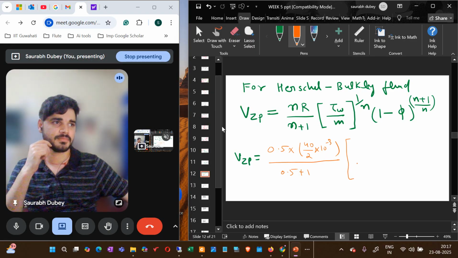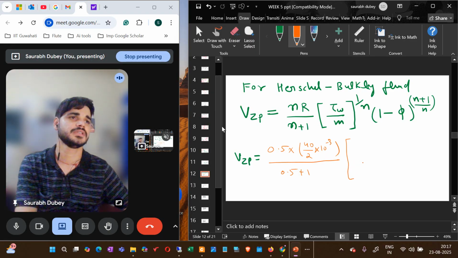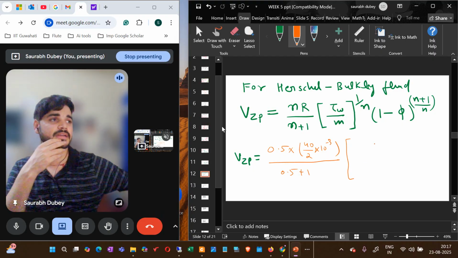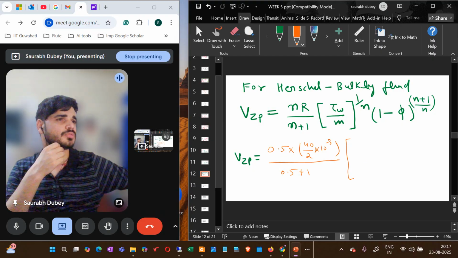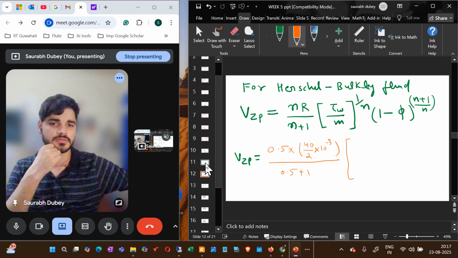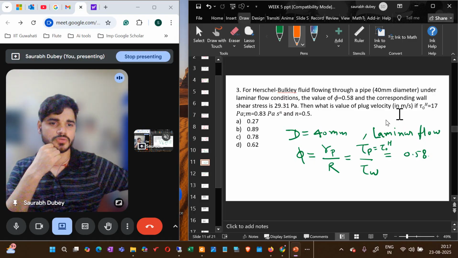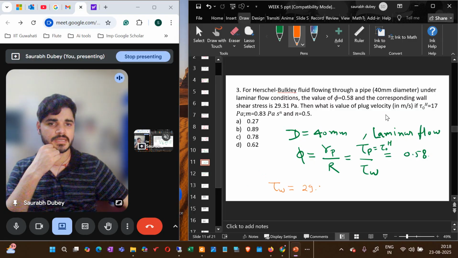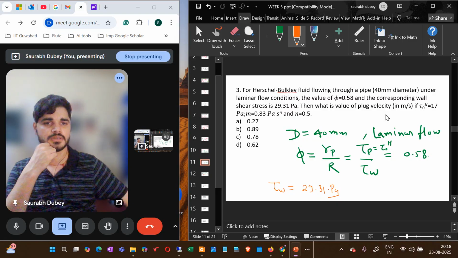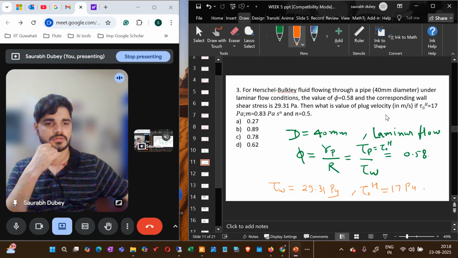Tau w by m. And if you see that, tau w here is what? The wall shear stress is given. So the corresponding wall shear stress, tau w, is what? 29.31 Pascal. Right. Also tau naught h is given as 17 Pascal. m is given as 0.83 Pascal, and n is given as 0.5.